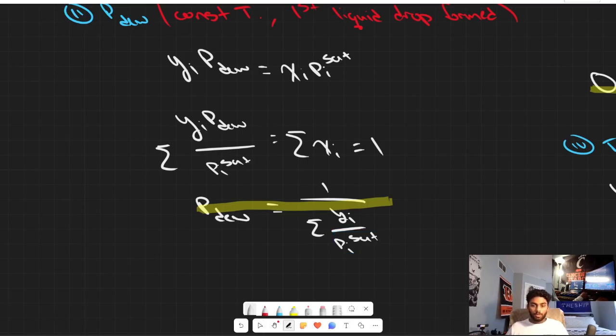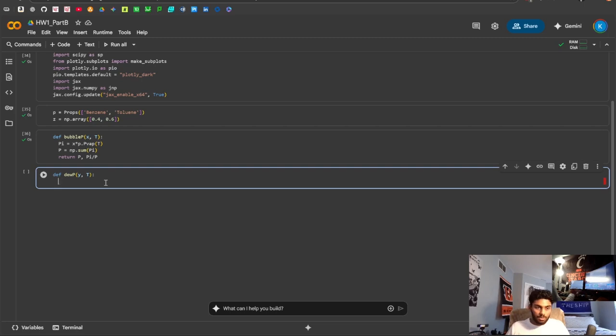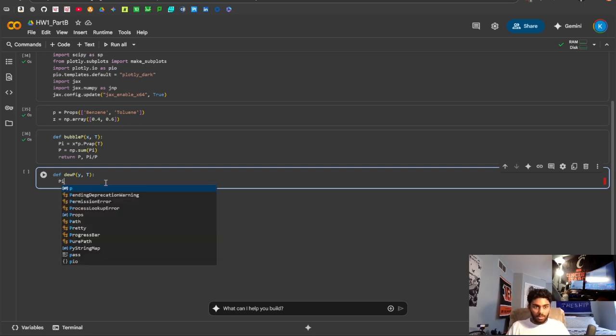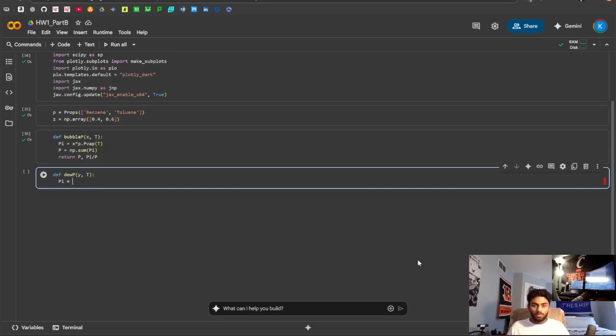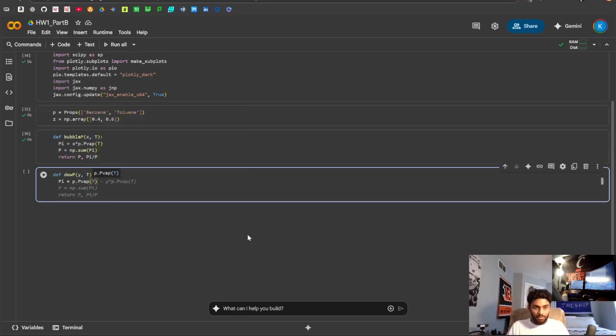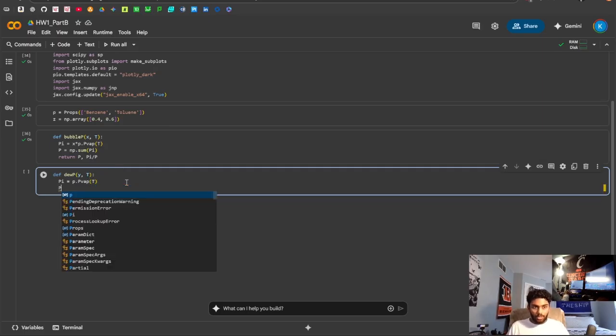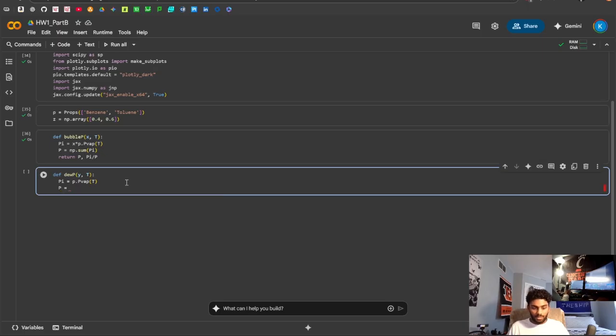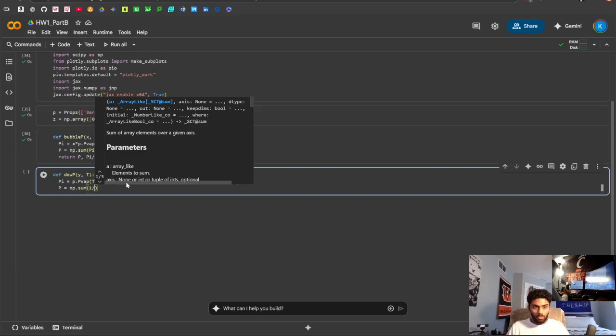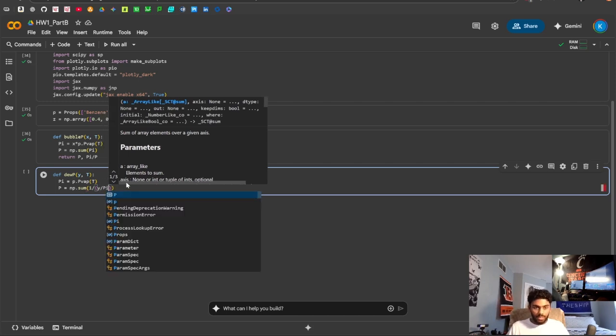So let's throw these in. We'll call up our pressure, and this is going to be equal to our P dot P vat at our given temperature, and the dew pressure that we want is going to be equal to the sum of 1 over the y value that we provided over the Pi.